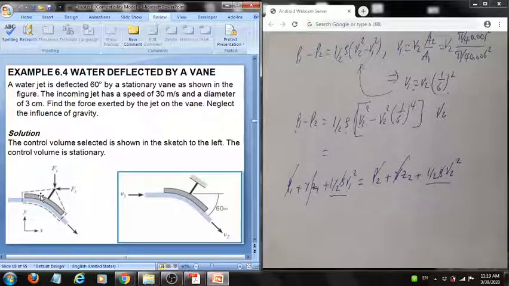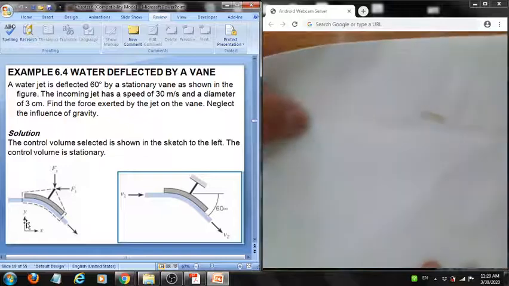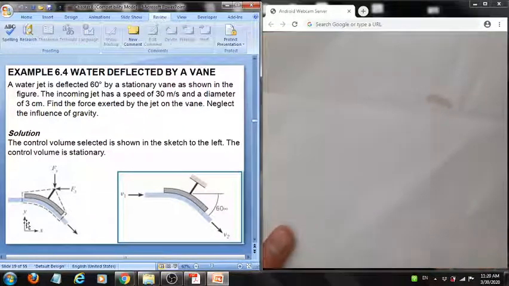Okay, and then we apply our momentum equation for this control volume, one time in the x direction and the second time in the y direction. Let's write it again, the momentum equation, to remember it.